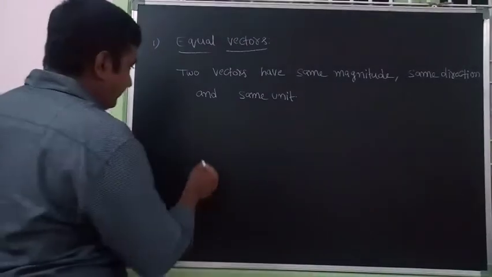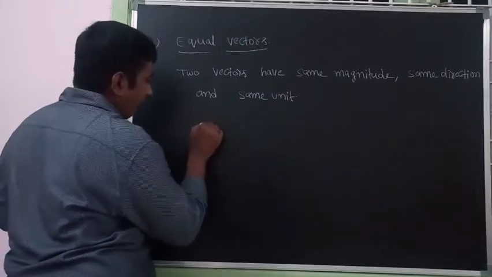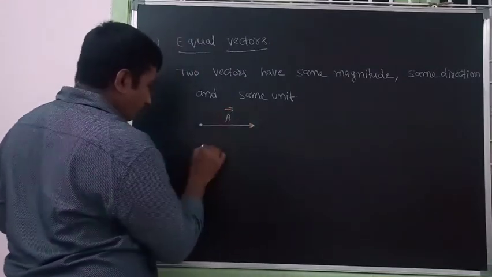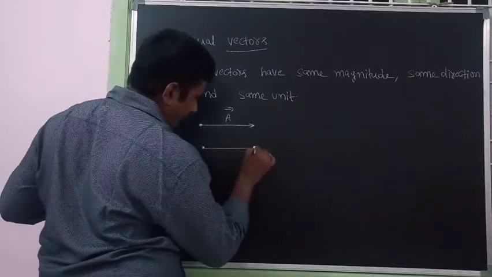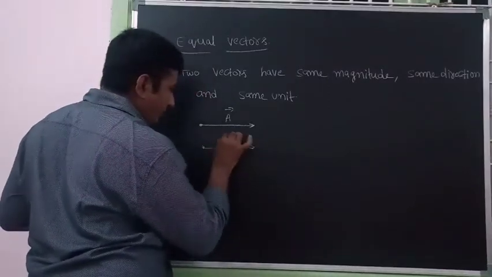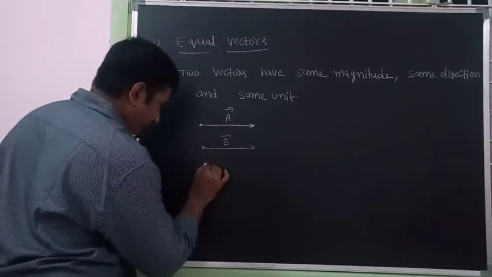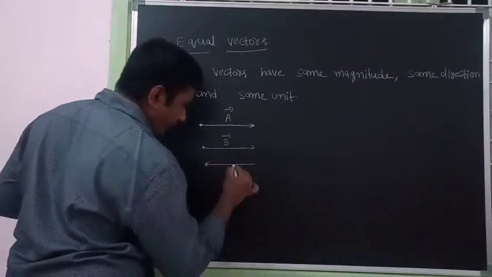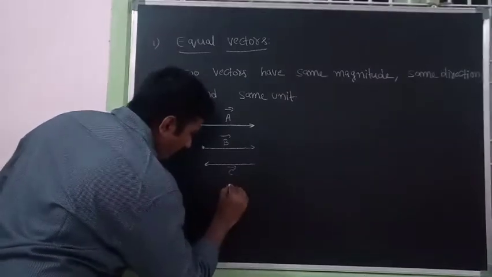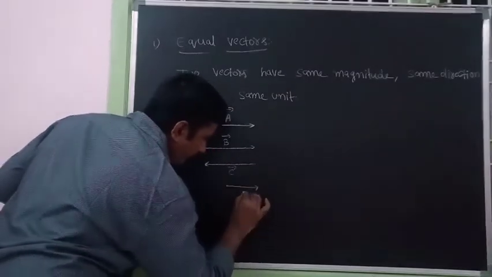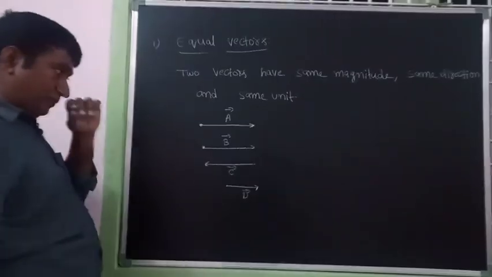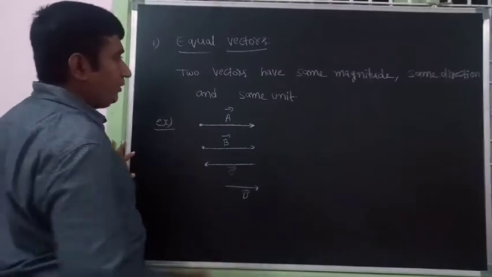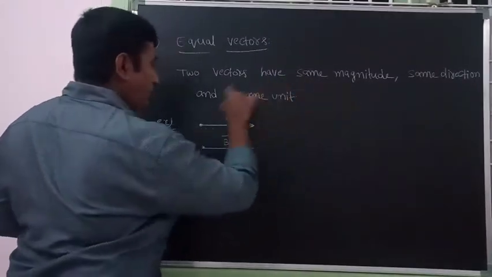So let us consider an example. Here I am taking one vector A, another vector B, another vector C, and another vector D. In this example we look for the same magnitude, same direction, and same unit.